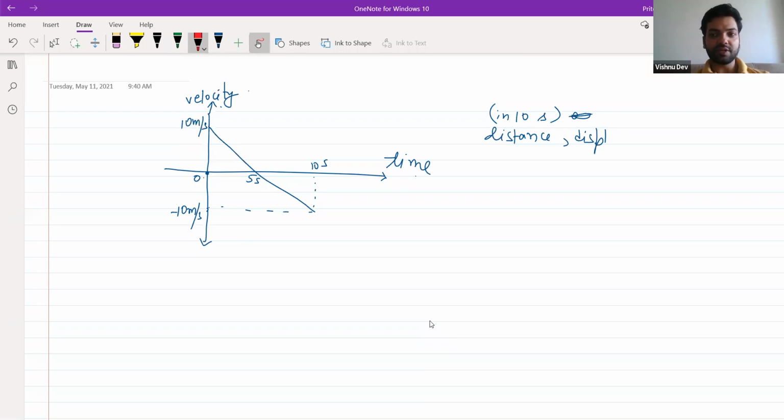Right, 50 meters. Yes, Shivansh, any question? Velocity 10 meter per second. Yes, initially it has 10 meter per second. Finally, it has minus 10 meter per second. Displacement, how will we get it in meter per second? It should be in meters, right?